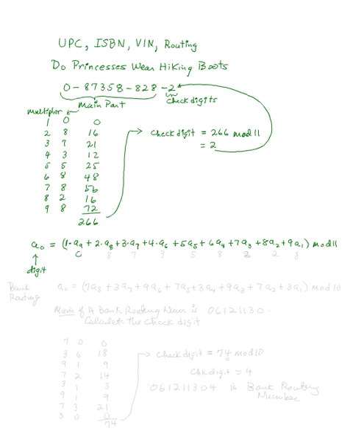So just to make a matchup with what you see above, there's the main part digits: 0, 8, 7, 3, 5, 8, 2, 8, 2, 8. So those are the digits that we had above.